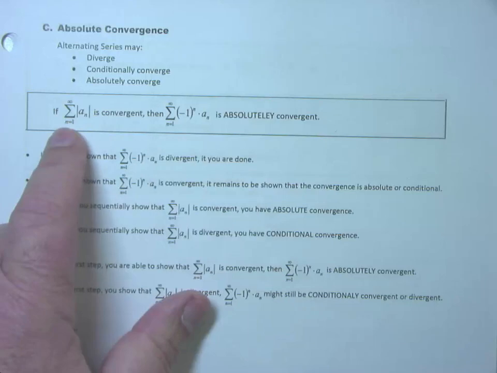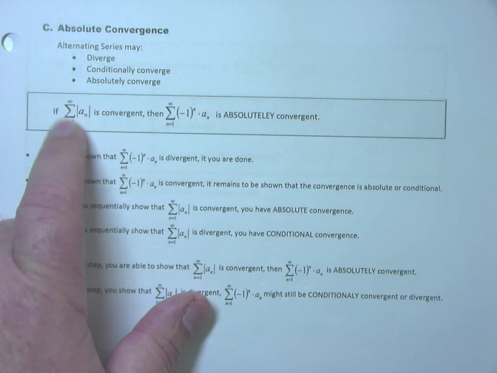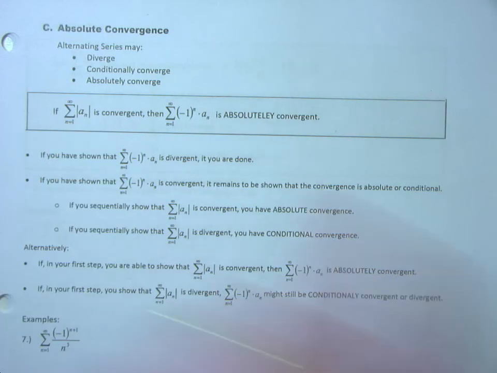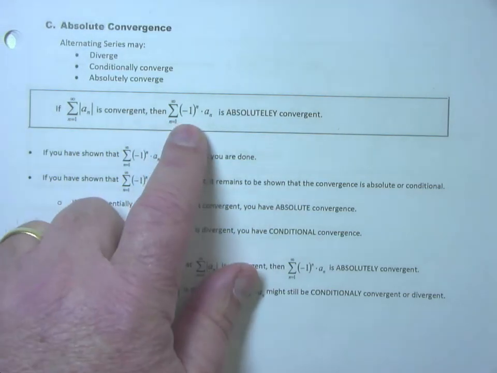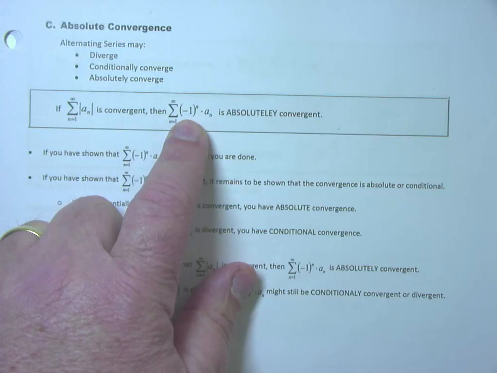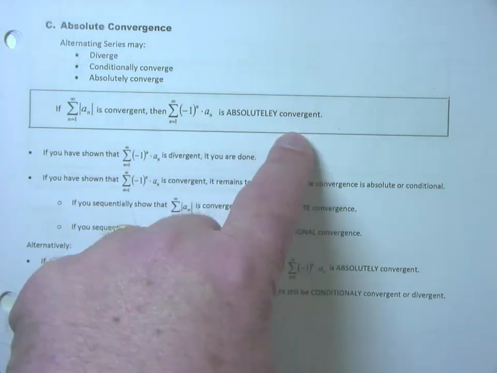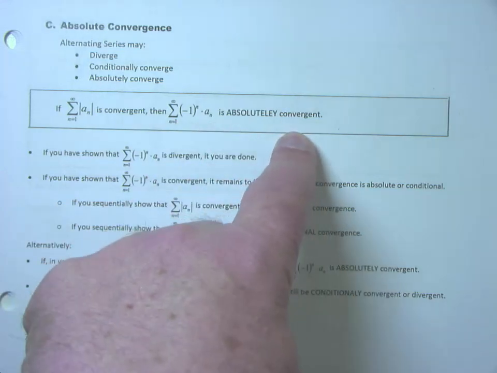Now, the definition of an absolutely convergent series is this. If you take the sum as n goes from 1 to infinity of the absolute value of an, and if that thing is convergent, then the original alternating series, the sum as n goes from 1 to infinity of negative 1 to the n times an, is called absolutely convergent. Let me try to speak to you guys in English on this.